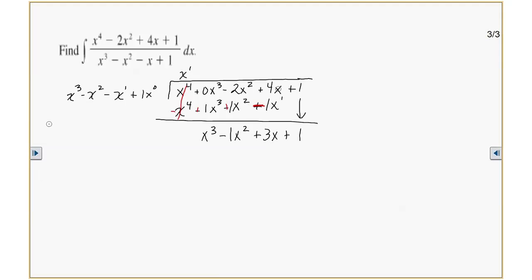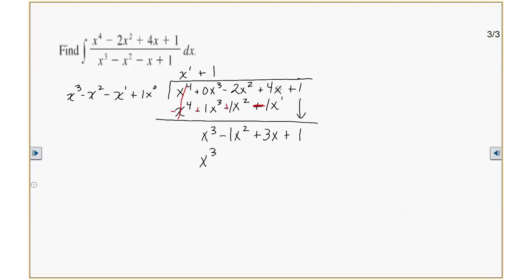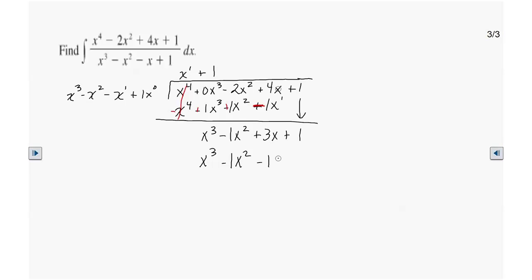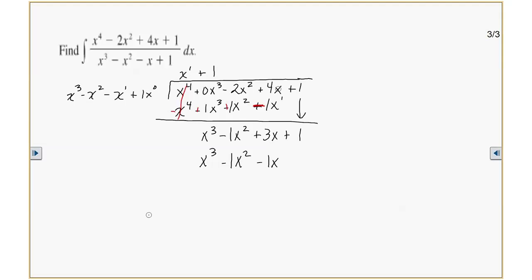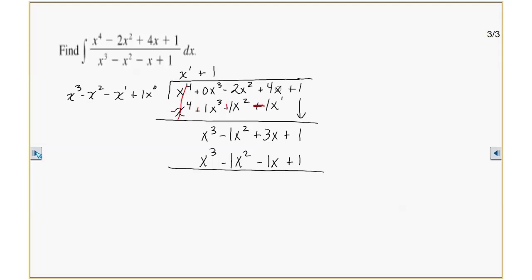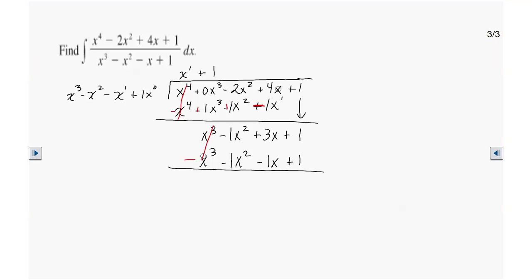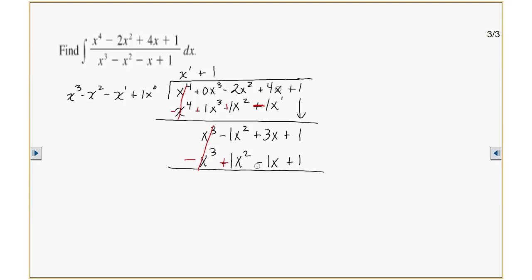Now, how many times will x cubed go into x cubed? 1 times x cubed is x cubed. 1 times negative 1 is negative 1x squared. 1 times negative 1x is negative 1x. And 1 times 1 is 1. You always subtract, make sure I didn't make a mistake. Then that term goes out, this turns into a positive, this turns into a positive, that turns into a negative.